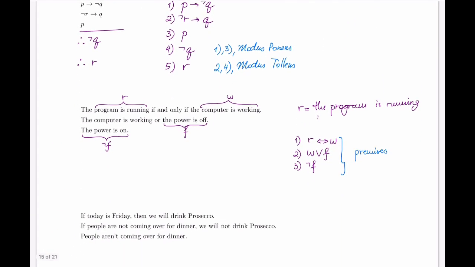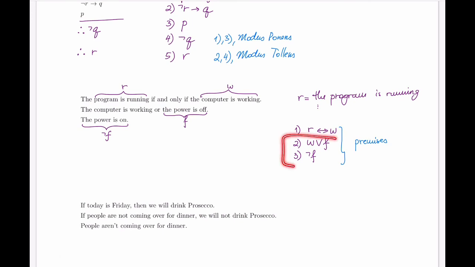So my conclusion here is if I put two of these together, if F is not true in this disjunction, then W must be true. So my conclusion here is W, and that comes from 2, 3, and the elimination.